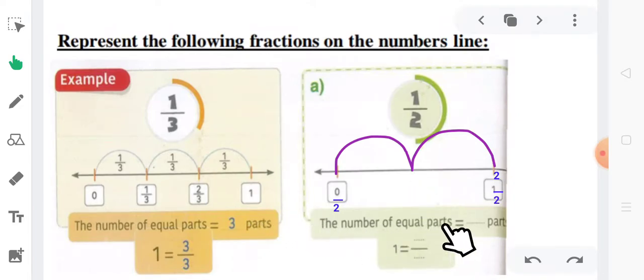The number of equal parts, I've got 2 equal parts. 1 equals what? 2 over 2. Okay? And we have here 0 over 2, then 1 over 2, then 2 over 2. Each jump represents a half. And this is called half. Okay?